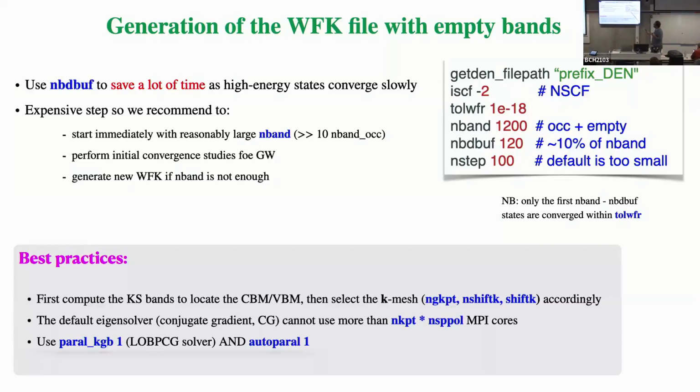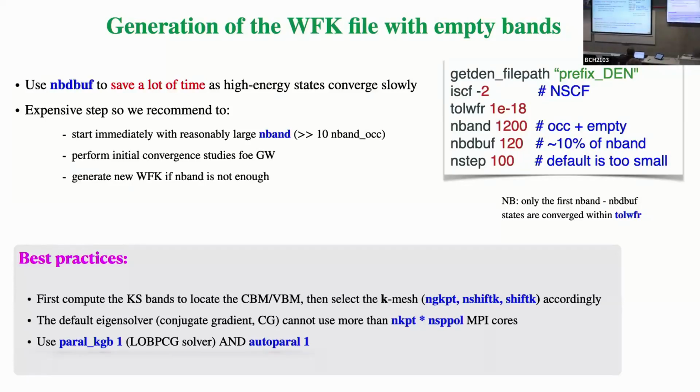So with nbdbuf, essentially what we are saying is that we don't want to check the stopping criterion for the last 120 bands. This corresponds to 10% of the initial number of states. So we are excluding the last states when we check for the stopping criterion, and we can save a lot of CPU time, because many applications of the Hamiltonian in the NSCF iteration are just needed to converge the high energy states that are unstable.